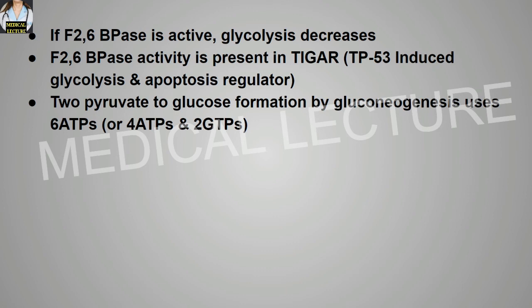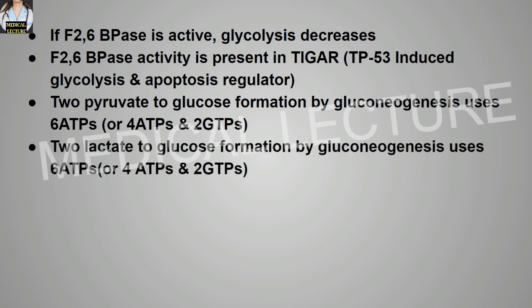Formation of 1 glucose from 2 pyruvate by gluconeogenesis uses 6 ATPs, or we can say 4 ATPs and 2 GTPs. Formation of 1 glucose from 2 lactate uses 6 ATPs, or 4 ATPs and 2 GTPs.